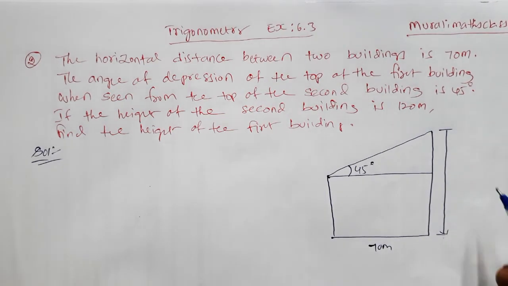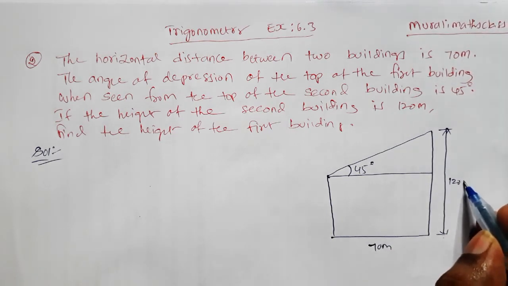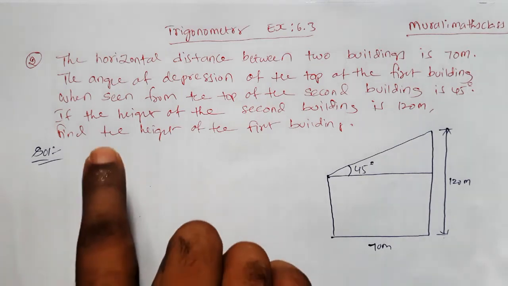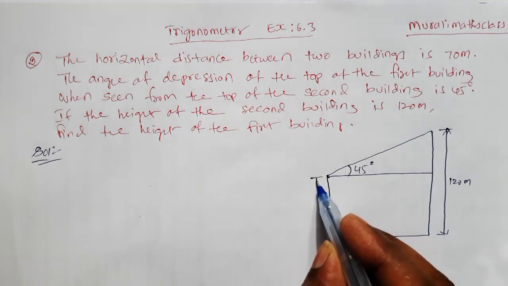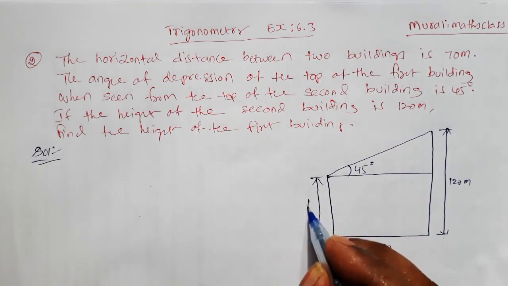This height is given as 120 meters. Find the height of the first building. So this is the first building. We need to find the height for this, h.